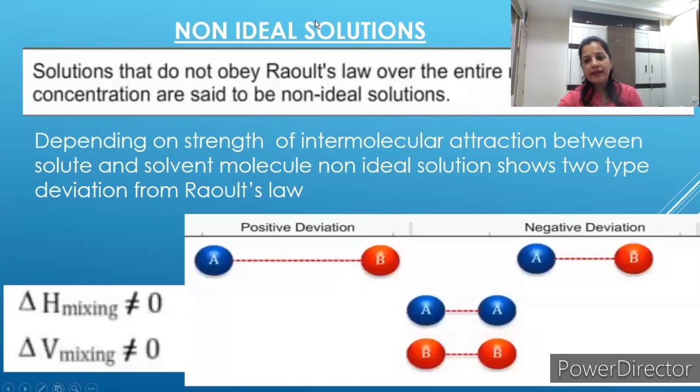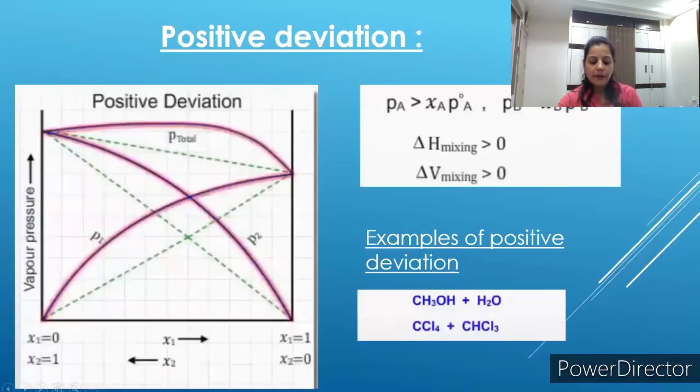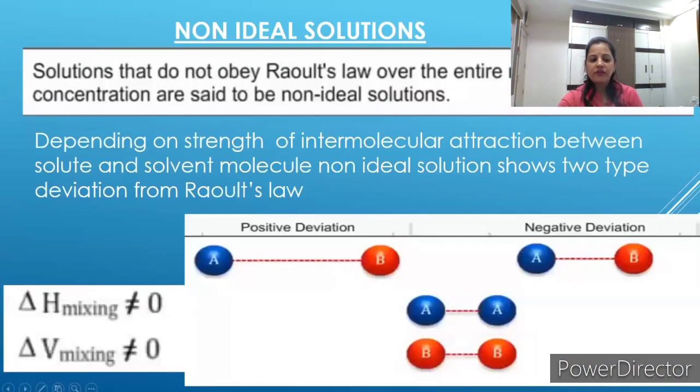Here, delta H of mixing will not be equal to 0, and delta V of mixing will also not be equal to 0. The magnitudes of the different types of interactions will be different.